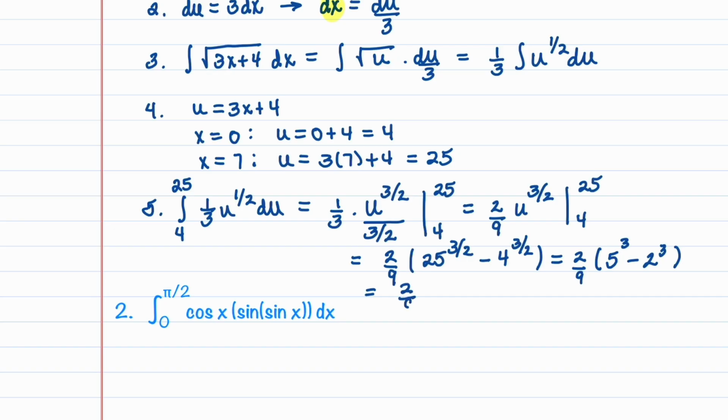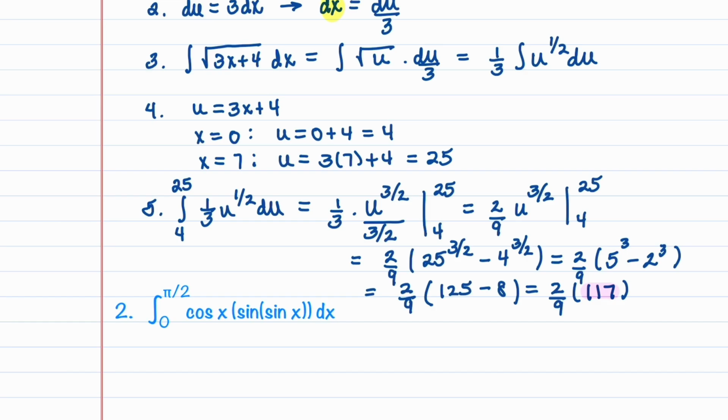This is 2 over 9. 5 cubed is 125, and then 2 cubed is 8. So this is 2 over 9 times 125 minus 8, which is 117. Does 9 go into 117? Do you know why? Let me tell you about this real quick. If you take 117 and you add up the digits, you get 1 plus 1 plus 7, which is 9.